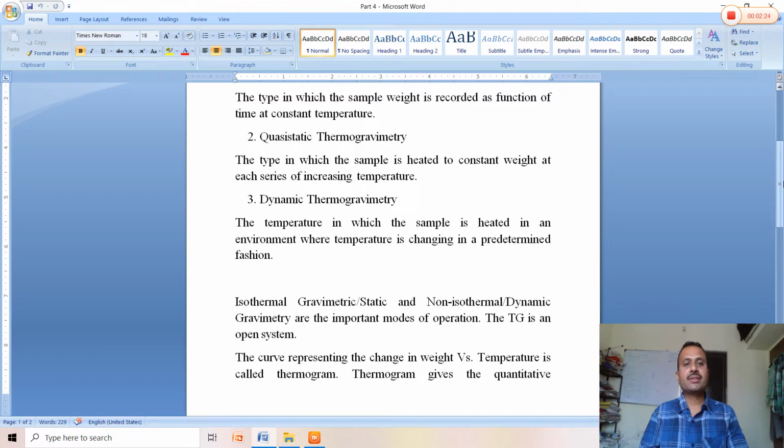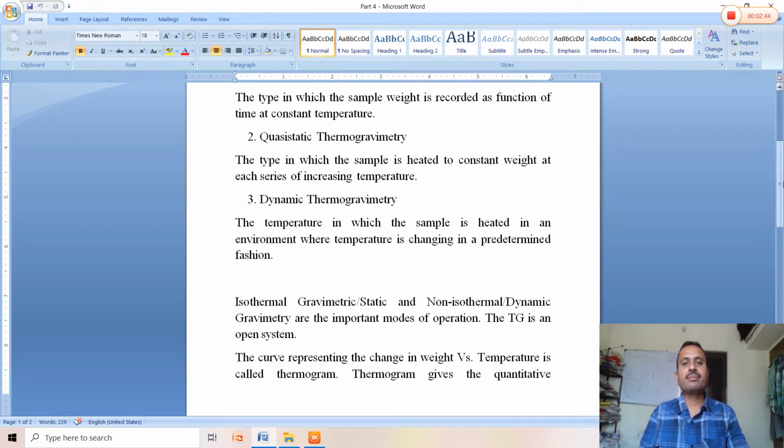The third one is dynamic thermogravimetry. As I have already said, dynamic thermogravimetry is also called non-isothermal thermogravimetry. It is the type in which the sample is heated in an environment where the temperature is changing in a predetermined fashion.